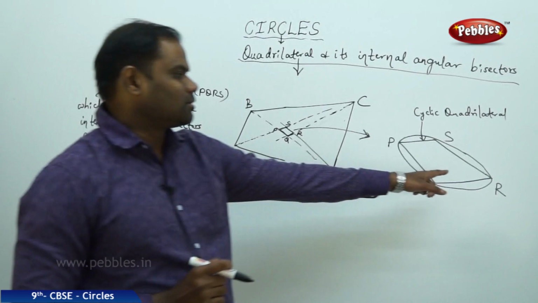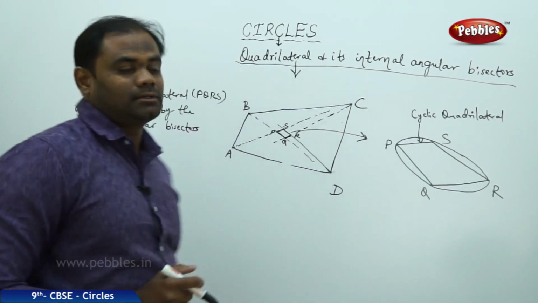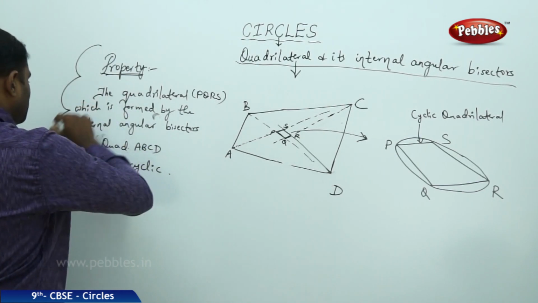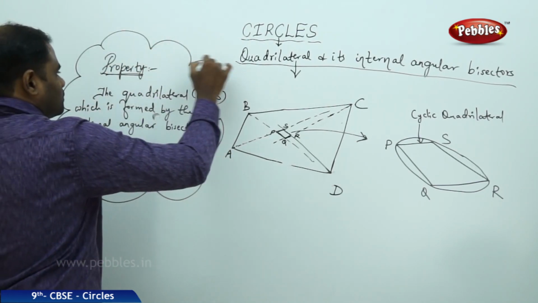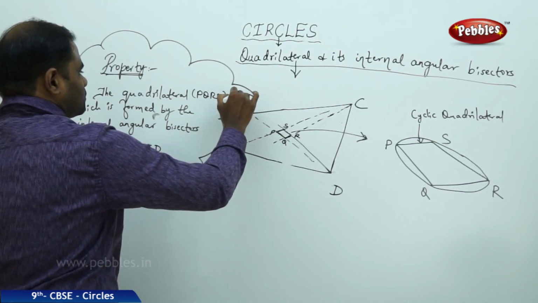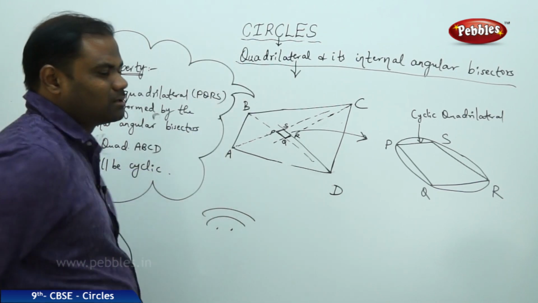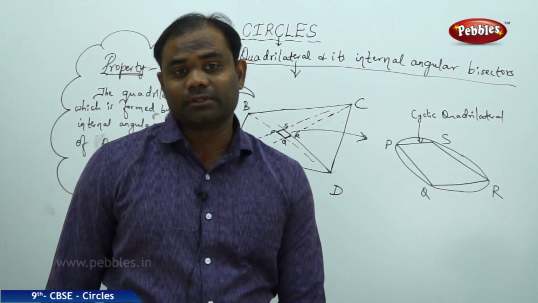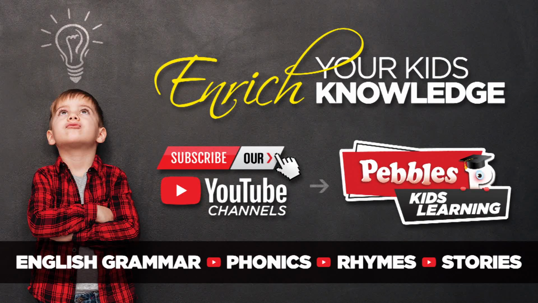So this quadrilateral which is formed by internal angular bisectors is cyclic. So this is the property: cyclic quadrilateral connected with internal angular bisectors.